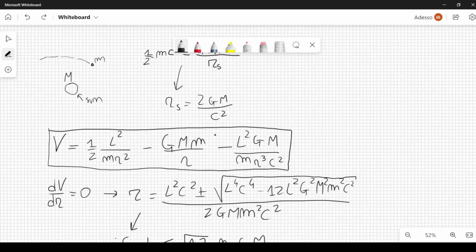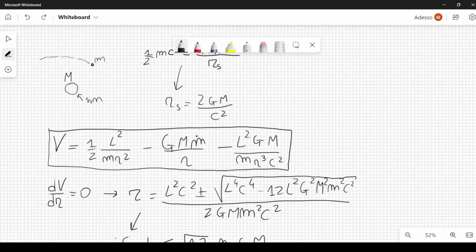In the end we want to find a useful description of what happens when we consider light, because in general this is not true for light. But we can do some kind of a stretch of the imagination. So let's use some imagination and understand what's going to happen here.